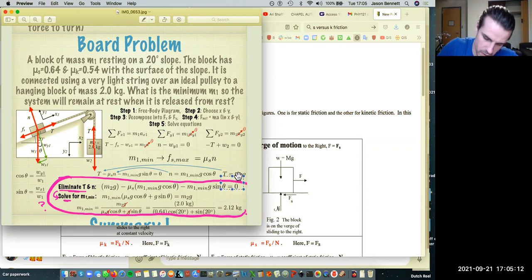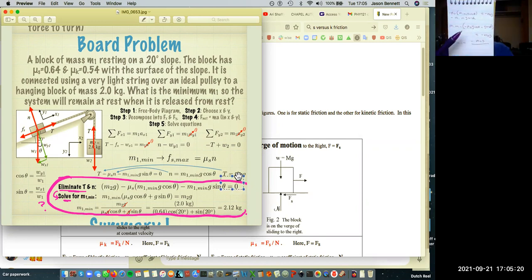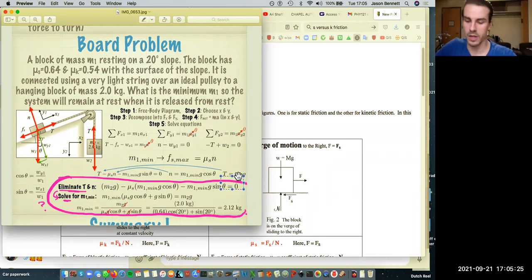M1 min equals negative M2G over, what I'm also going to do, if you see here, both of these terms have a minus. So I'm going to take that out of this little parenthesis as well. Minus, and the reason I'm doing that is because there's a minus in the numerator and in the denominator. So I have mu S G cos theta minus G. I'm also going to take a G out because there's a G in each of the terms.